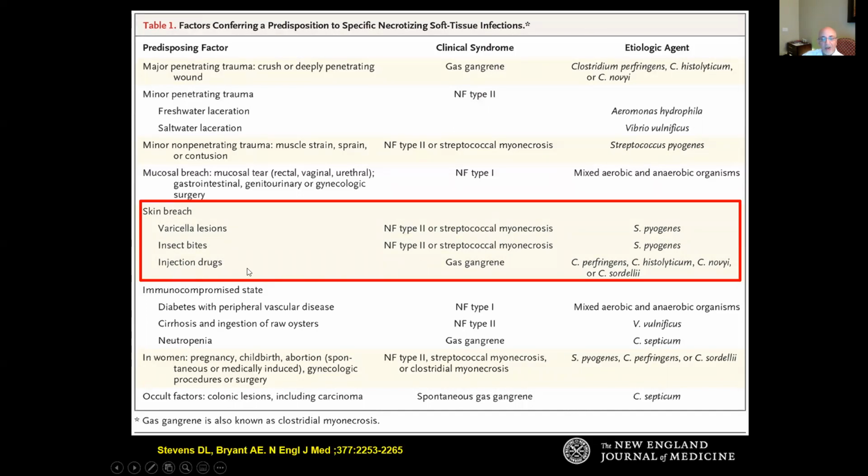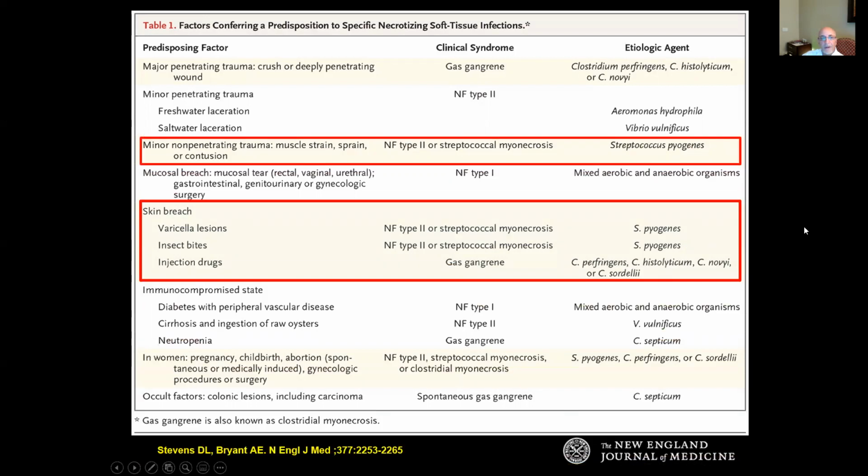Sometimes injection of drugs with dirty needles may lead to gas gangrene, which is generally Clostridia infections. Another area is minor non-penetrating trauma, which is rather surprising as these are often muscle strains or sprains or contusion, which also generally leads to streptococcal strep pyogenes infections.